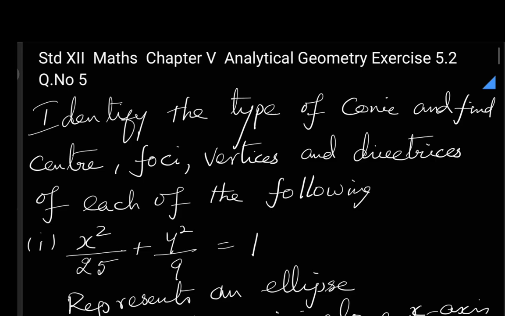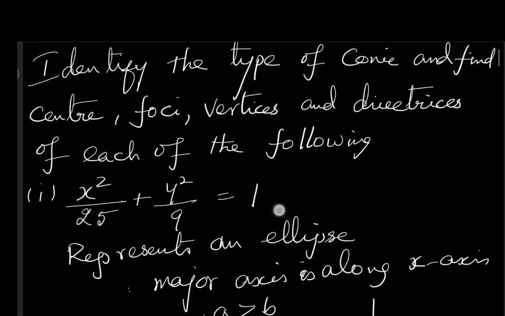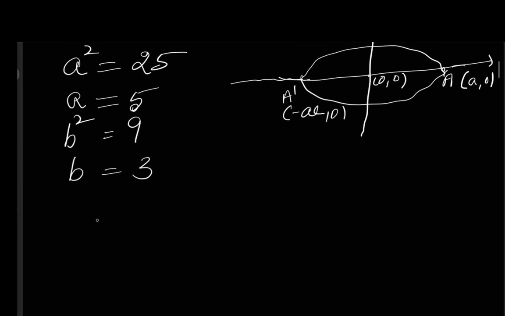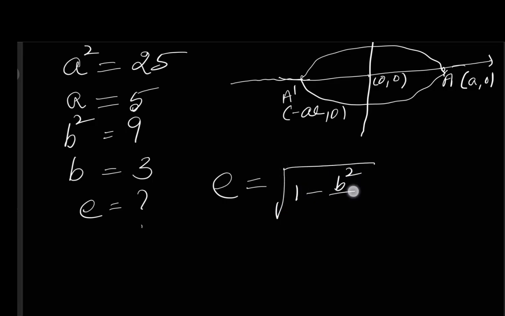So the question: you have to find center, foci, vertices. One more concept, we need to find E. What is E? The formula for finding E is equal to square root of 1 minus B square by A squared. You have to learn this by heart.